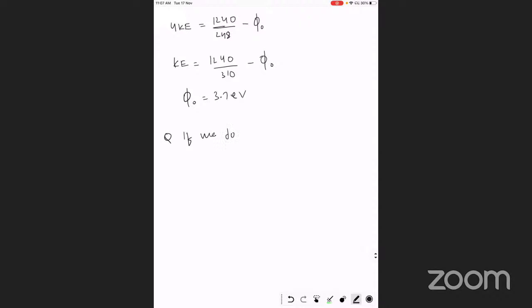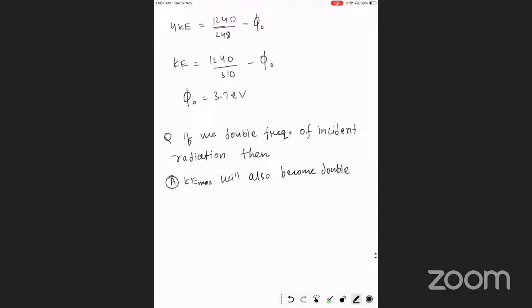If we double frequency of incident radiation, then maximum kinetic energy will also become double. Less than double.